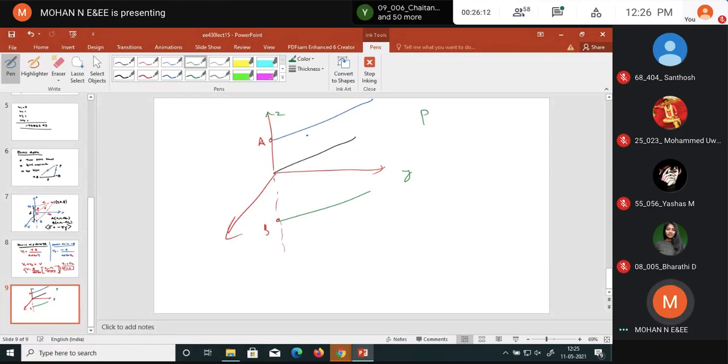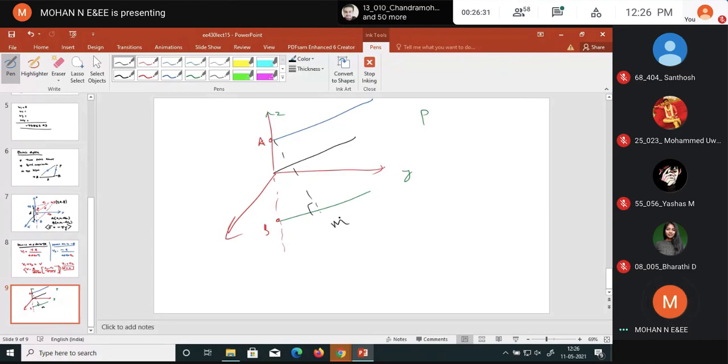They are assumed to be parallel lines because P is assumed to be very far away from the charges. For that case, I will just drop a perpendicular to this point.